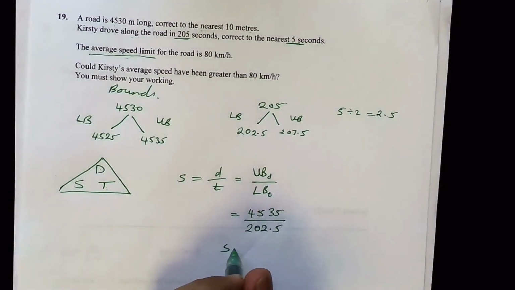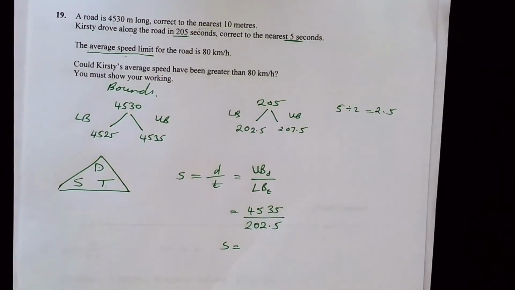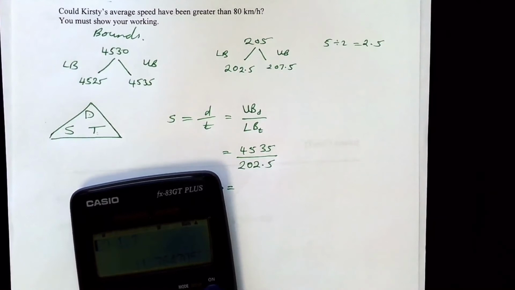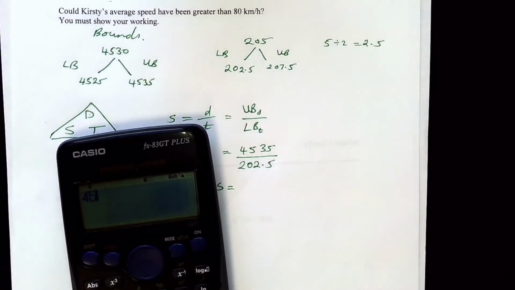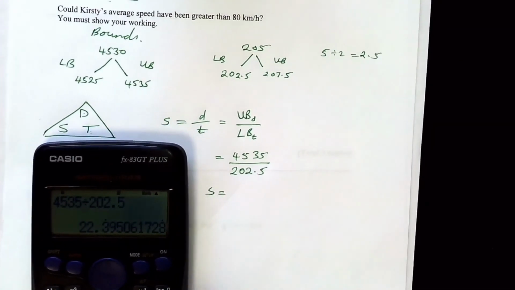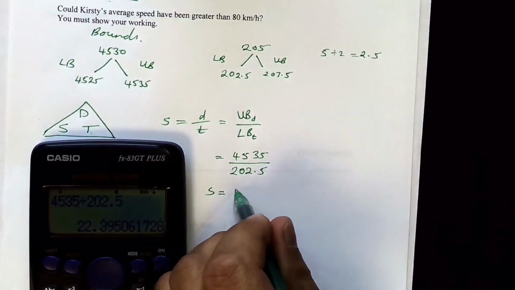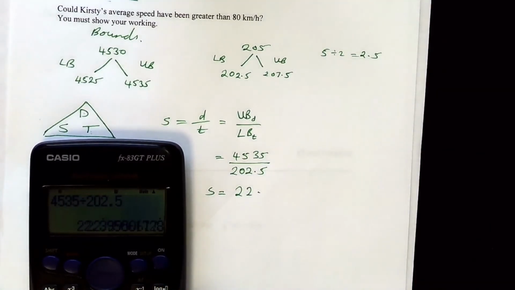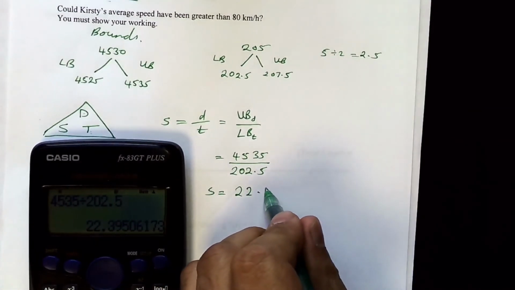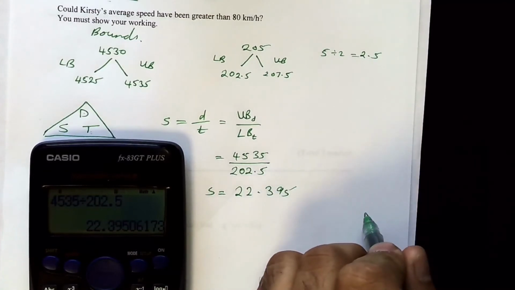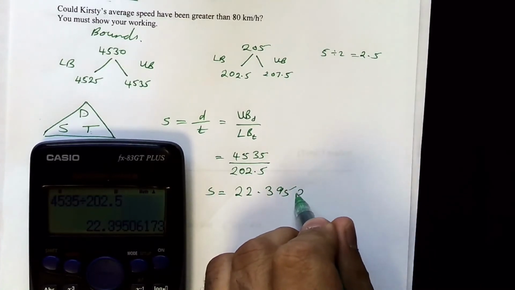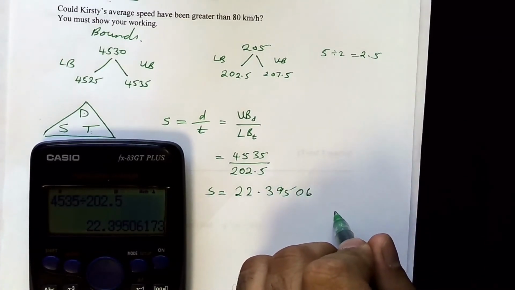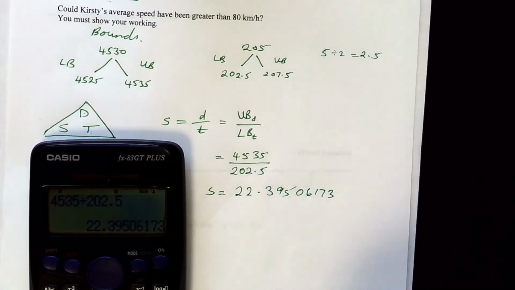So my speed is equal to 4,535 divided by 202.5, which gives me 22.39506173.